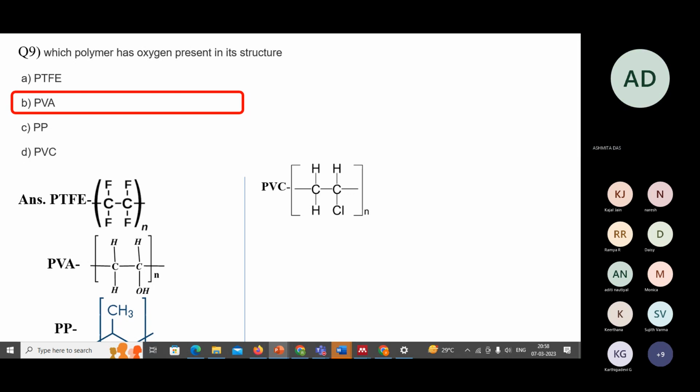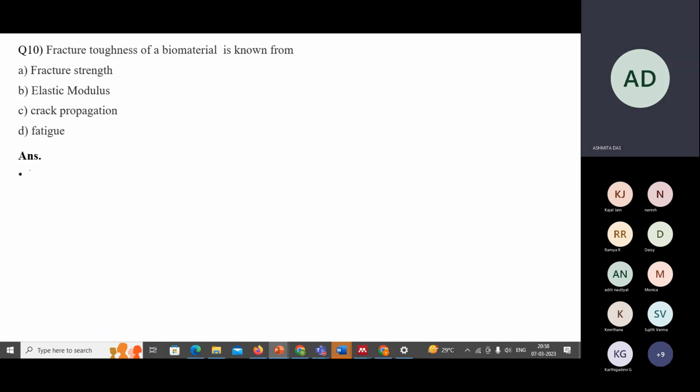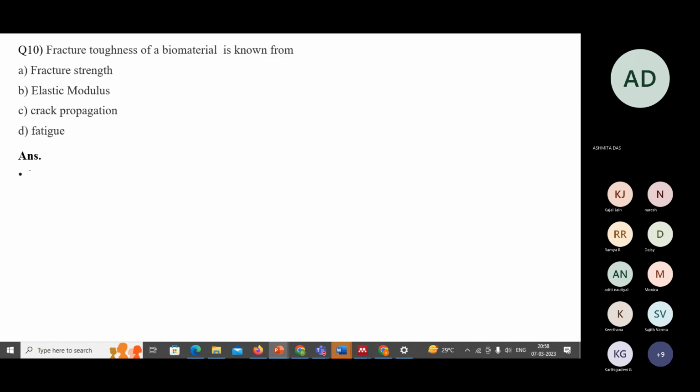If anyone wants to, please write it down. Now, next question: the fracture toughness of a biomaterial is what is known? Crack propagation. The propagation of the crack will tell how tough the material is.